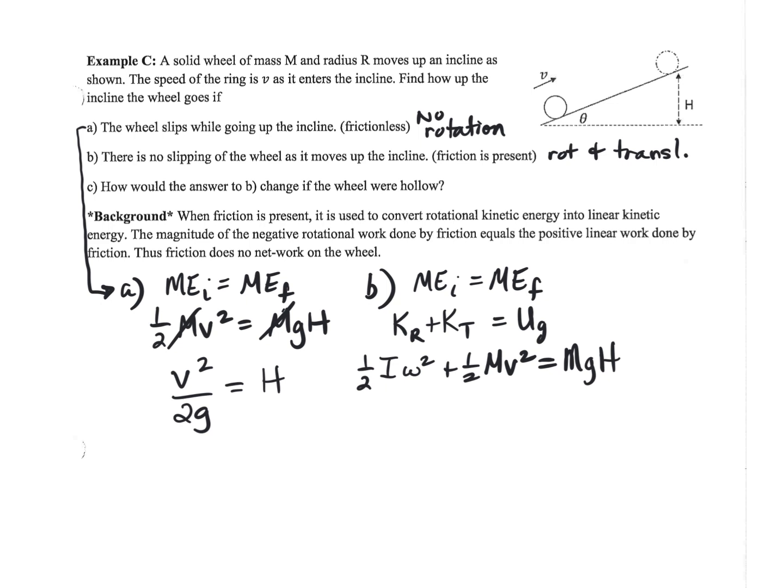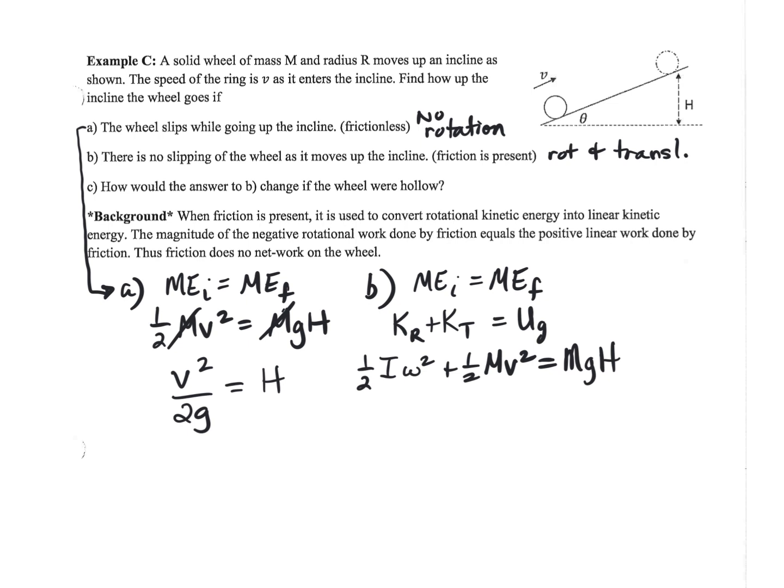What's your gut tell you? Think about it from energy standpoint. Is it going to have to use energy to rotate? So does it have as much energy to translate? No.